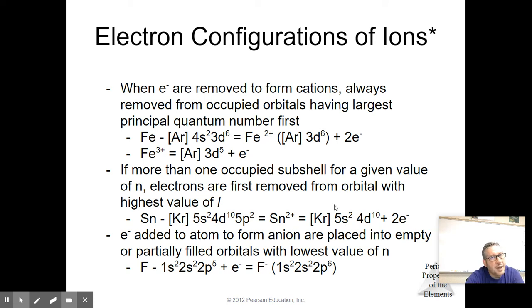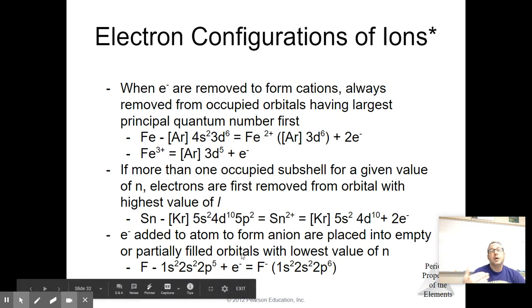But what happens if we go the opposite direction and add electrons? When we add electrons to an atom to form an anion, they are going to be placed into empty or partially filled orbitals that have the lowest value of n. For instance, if we look at fluorine, fluorine has an initial electron configuration of 2s2 2p5.